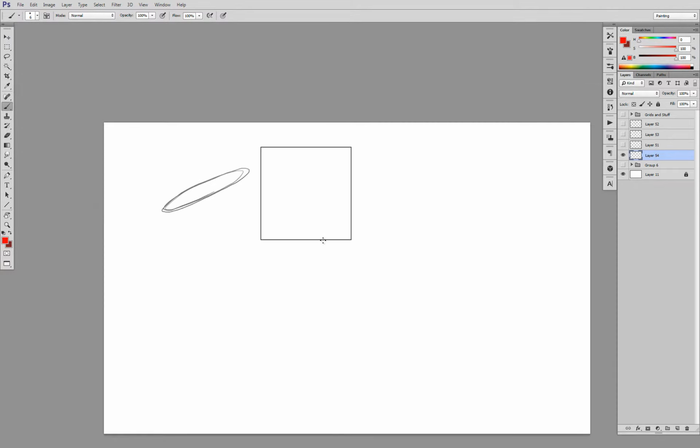See if we can get this pretty close. So yeah, what we'll find is that a circle will fit inside a square.